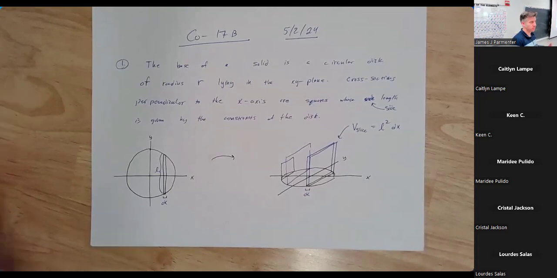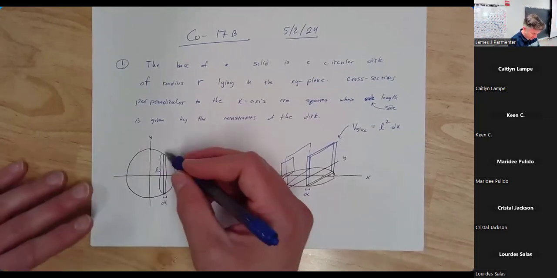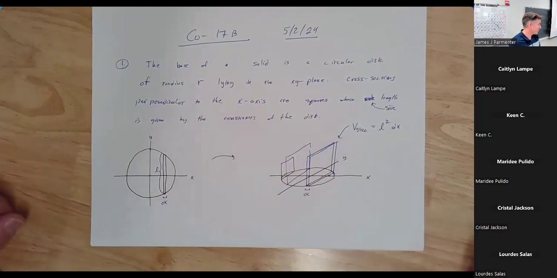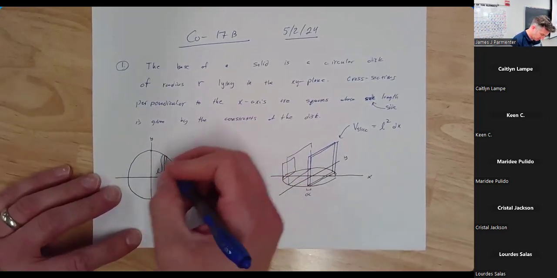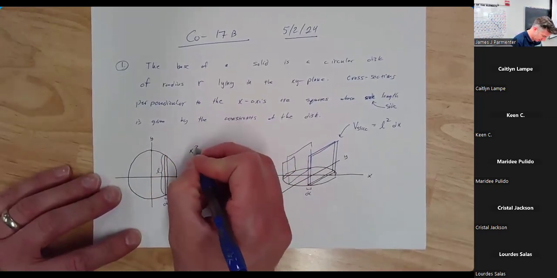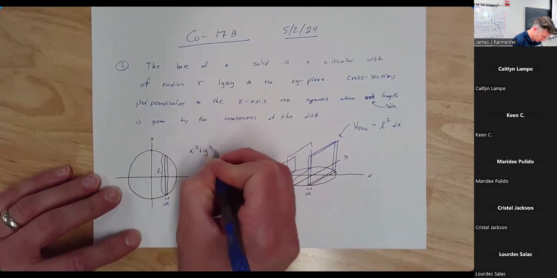Now, we need the area of the square to be in terms of the variable we're using, which is x. So we need to figure out a way to write this length in terms of x. So we need an equation that's going to relate x and y. So here's what we're going to do. The equation of this circle is x squared plus y squared equals r squared.